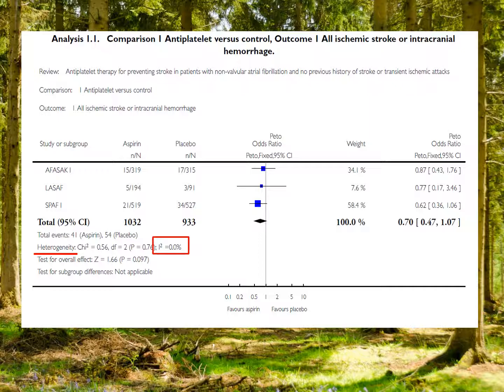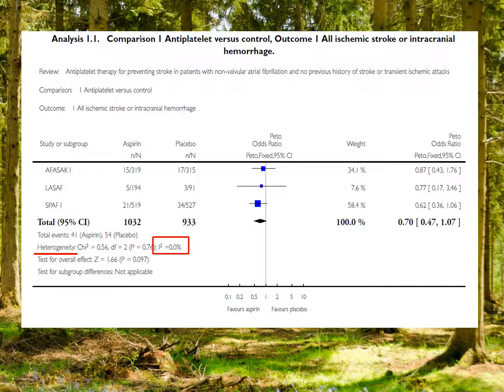Next column, aspirin, n, N. The small n is the number of events. What are these events? This is the outcome, the ischemic stroke or intracranial hemorrhage. And the large N is the total sample size in this arm. The next column is the placebo.